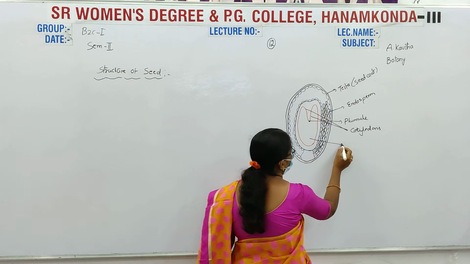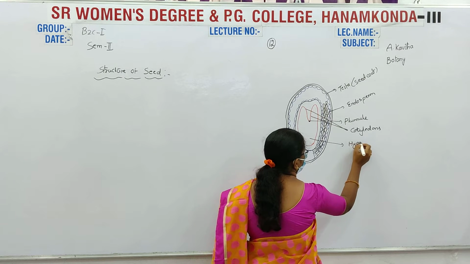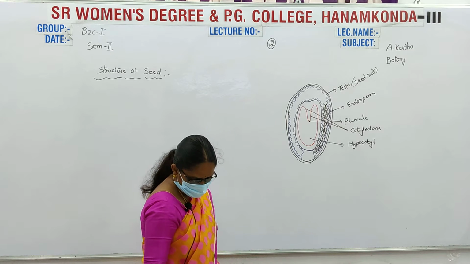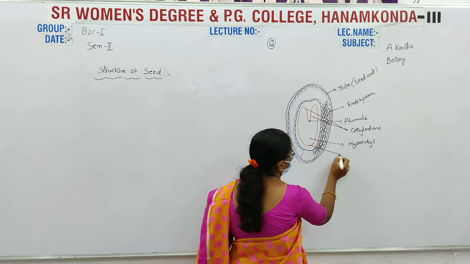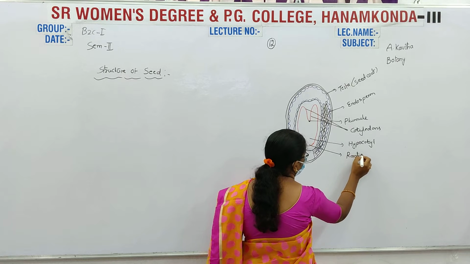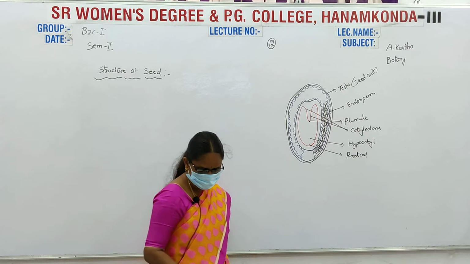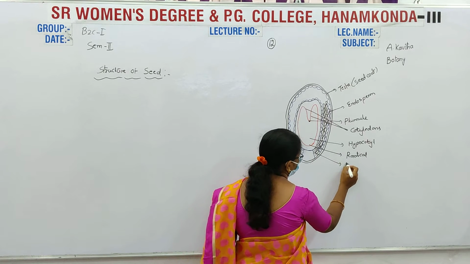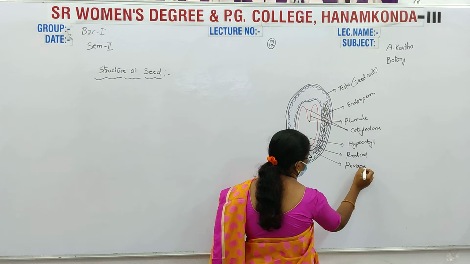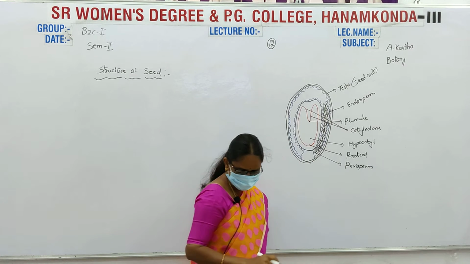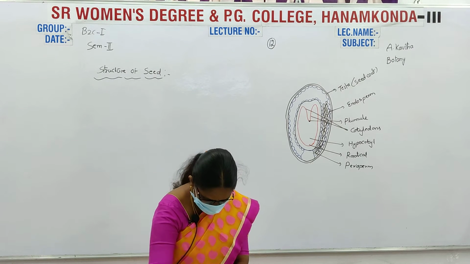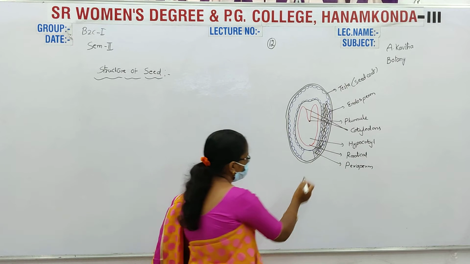This is hypocotyl and radicle. And perisperm. And this is called suspensor.